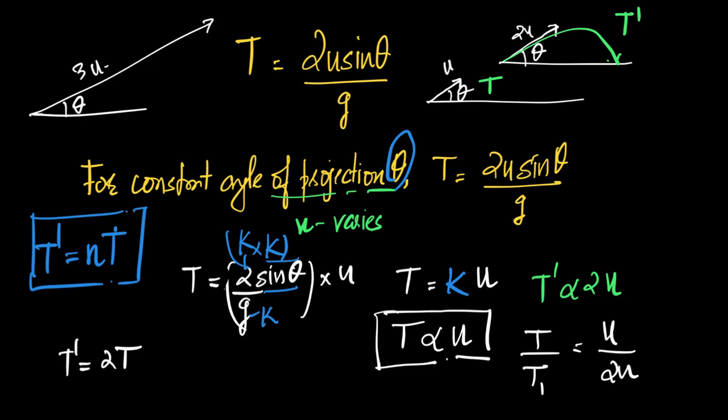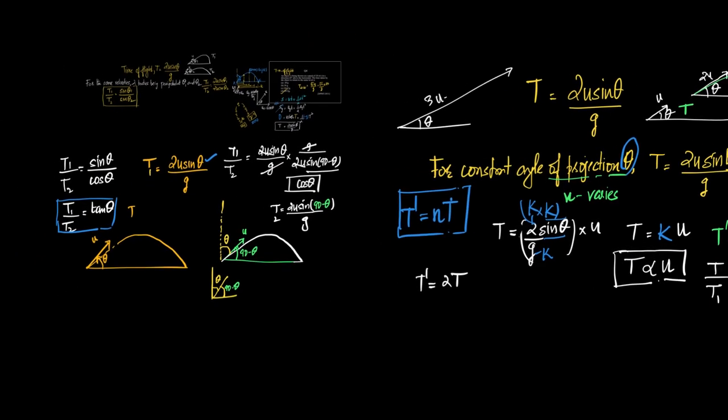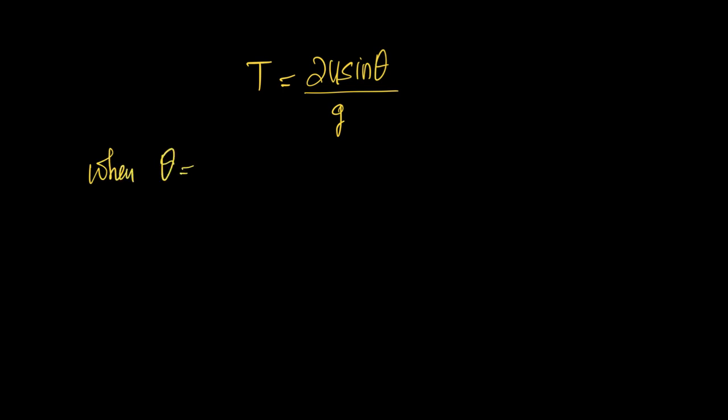Okay. There is another important thing, which is with respect to the angle. So again, what is T equal to? T is equal to 2u sine theta by g. So we'll discuss three cases: when theta is equal to 30 degree, theta is equal to 45 degree, and theta is equal to 90 degree.